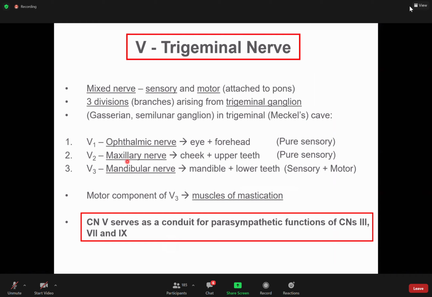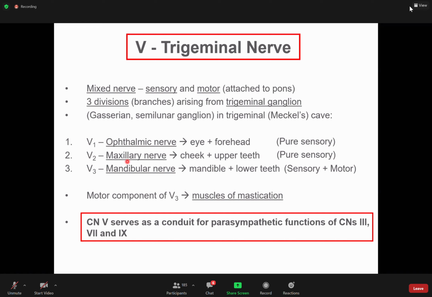Then we are coming to another important nerve, which is the trigeminal nerve. The trigeminal nerve is a mixed nerve. It has a sensory component and a motor component. Although it is attached to the pons, there are three divisions of the trigeminal nerve, which arise from the trigeminal ganglion, or the Gasserian ganglion, or the semilunar ganglion, which is present in the middle cranial fossa.